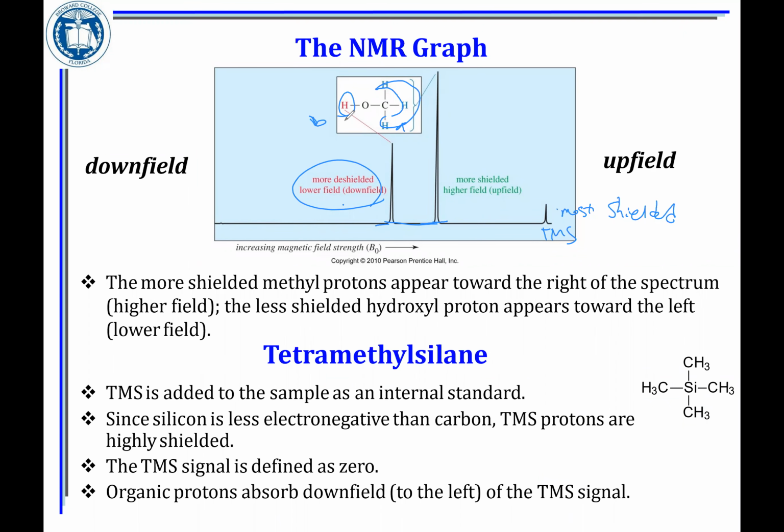So the red hydrogen is more de-shielded than the blue hydrogen. Can someone respond? Why is that? Why is the red hydrogen more de-shielded than the blue hydrogen? What do you think? This is like an electrostatic effect, right? Or the electronegativity of oxygen.